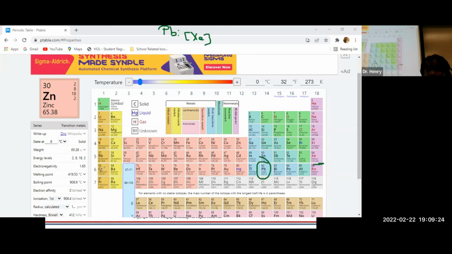Then 6s2. Okay, so that takes care of this. Then 4f14, right? Remember, these last two are really part of the d. So 4f14.